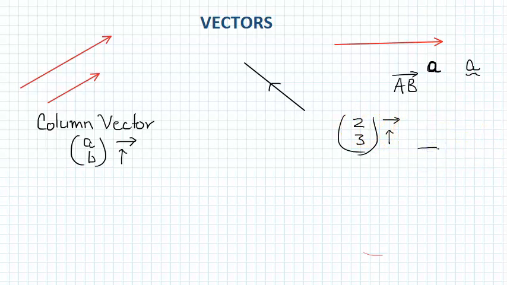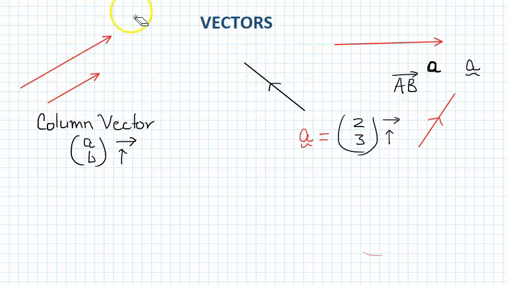Say this is 1, 2 and 3. So actually this is the vector. This vector is 2 and 3.